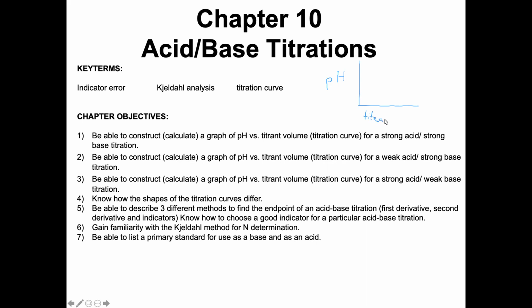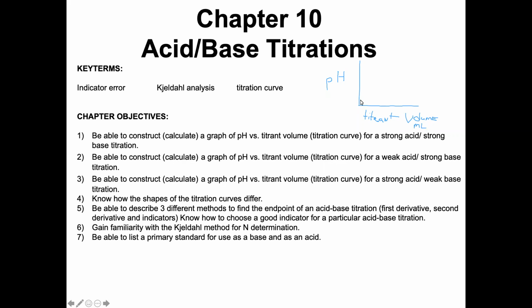Now, this is the volume of the stuff that you put inside the burette, okay? Usually, this is volume, usually in milliliters, but I guess you could use other units, just milliliters is most common. And these curves can appear in slightly different shapes, and in this chapter, we're going to be learning about them.